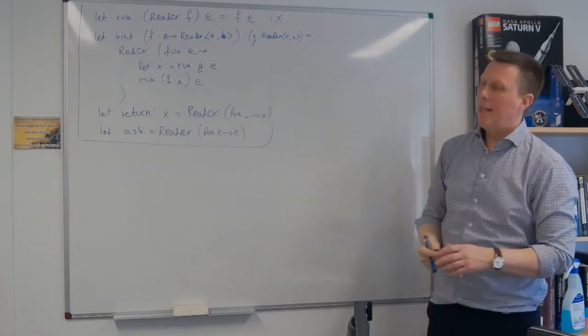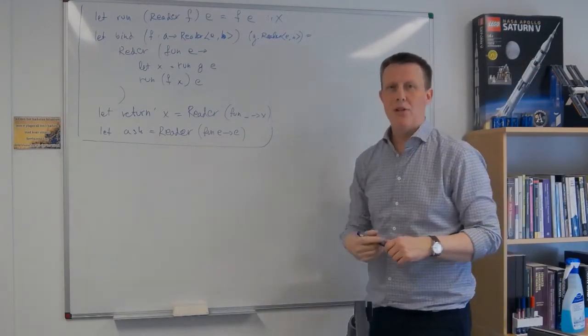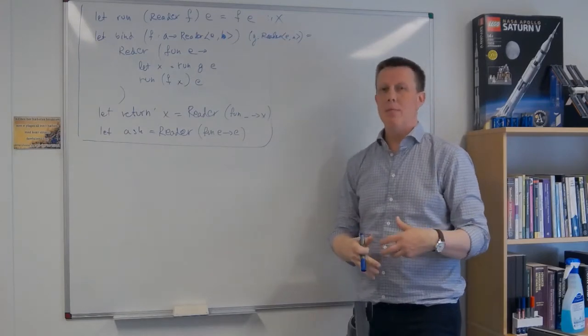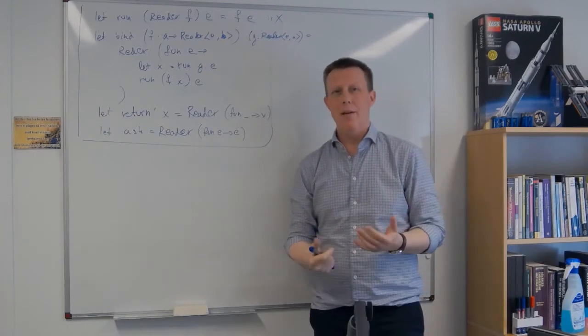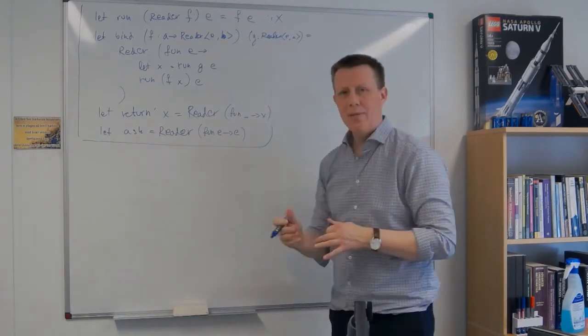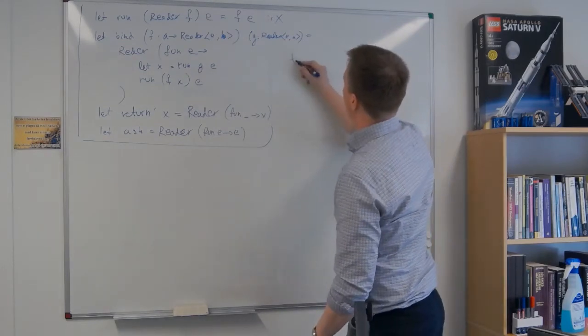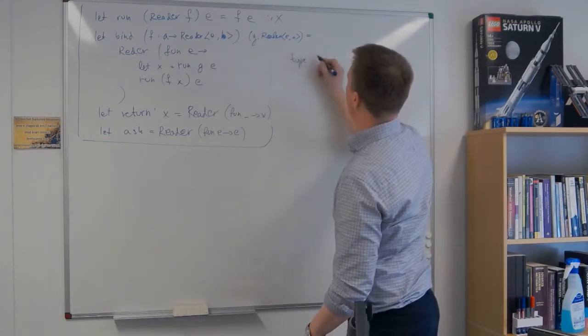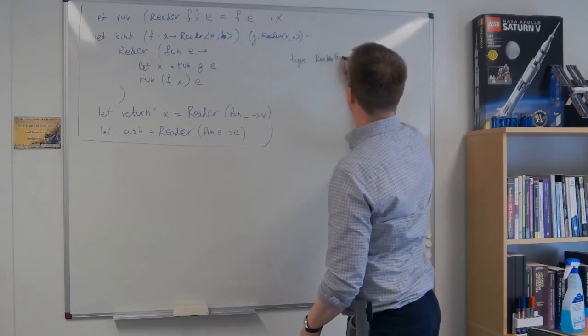In order to make this tractable and nice to work with, we're going to create a computation expression around it so that we get some nice syntactic sugar and can write clean and readable code, and we don't have to bother with loads of lambdas everywhere. So we do it like this. Type reader builder.